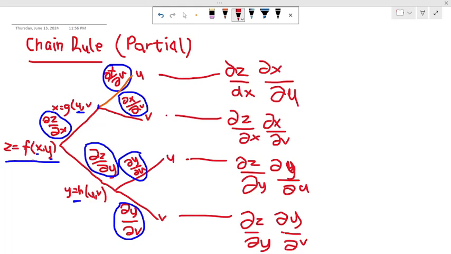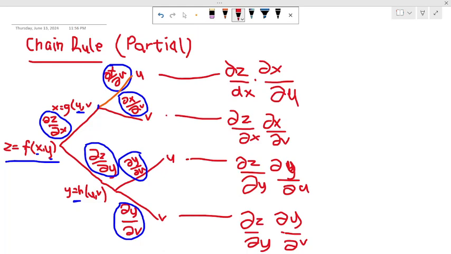So therefore this part gives us an expression that's ∂z/∂x multiplying ∂x/∂u. That's the partial derivative of z with respect to x times the partial derivative of x with respect to u. That's traversing this part.